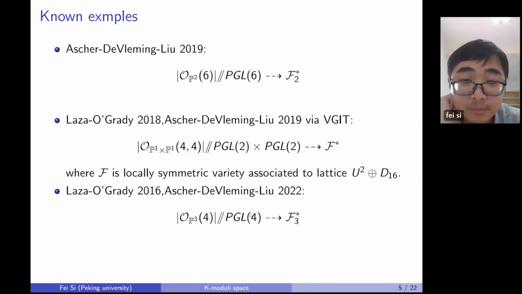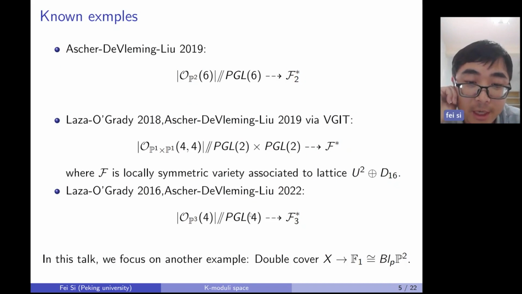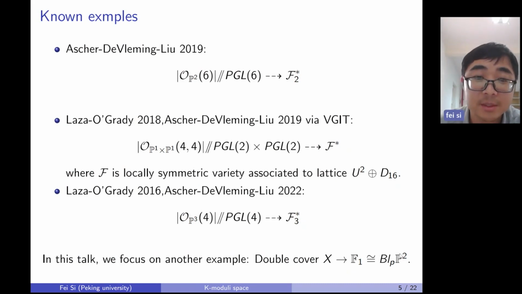So these are almost all the examples we know so far. In today's talk, we will focus on another example, that is, the double cover of the Hirzebruch surface F1, which we always identify as the blow-up of P2 at one point.